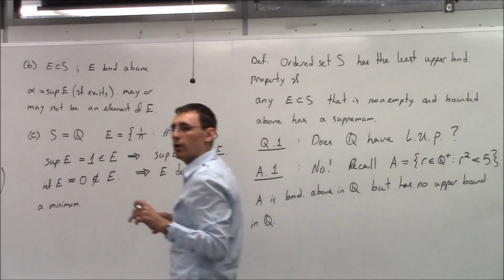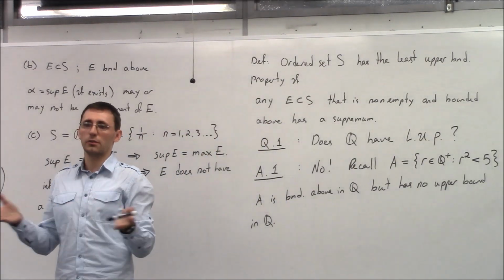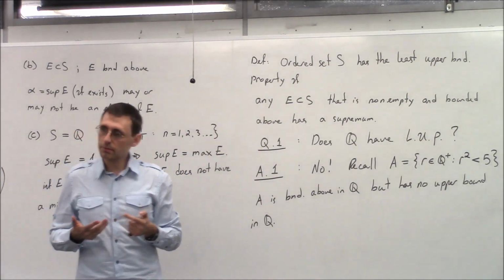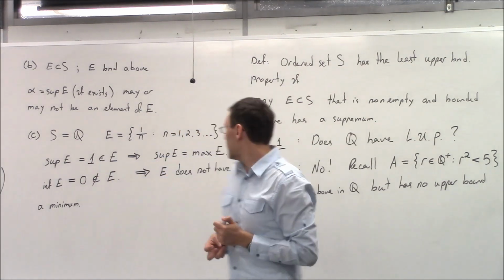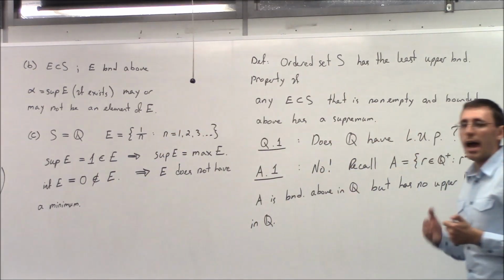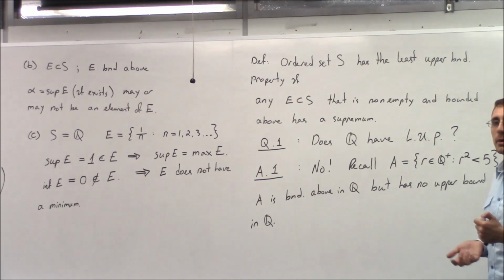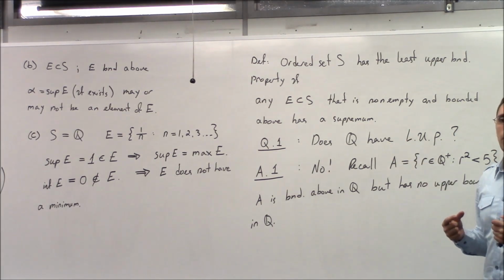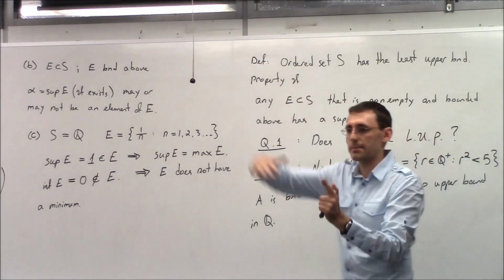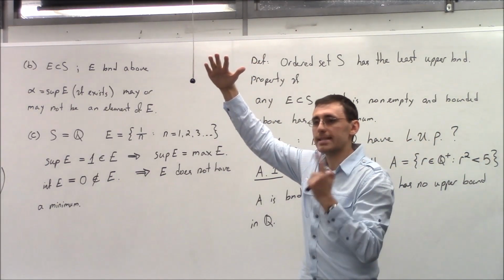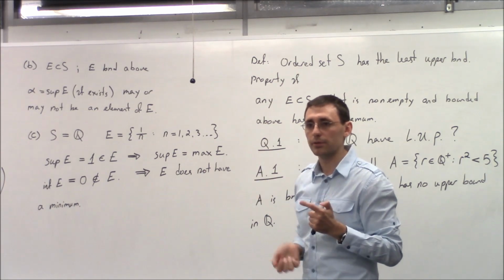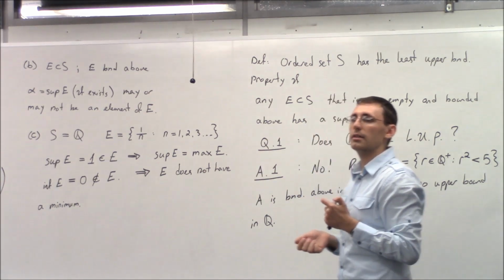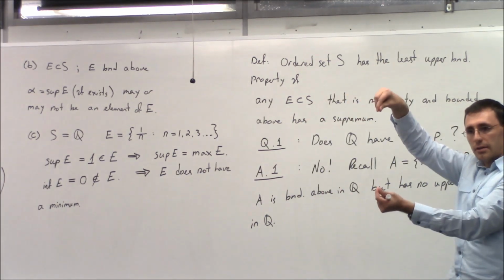In the universe of rational numbers, the only universe we know right now, we pretend to know for sure, in that universe, A has no least upper bound. And therefore, Q does not have the least upper bound property. I exhibited one set that is bounded above, but that set does not have a least upper bound. Okay? Again, the problem of measuring. Okay?